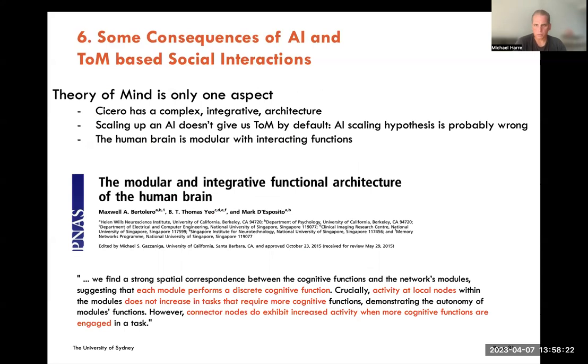So for example, the recent model Cicero has a complex and integrative architecture, but we don't get theory of mind for free just by scaling up large networks. And so the AI scaling hypothesis is probably not correct. But the human brain is modular with lots of interacting functions. And these are the things that we're going to have to start taking seriously when it comes to trying to integrate functionality.